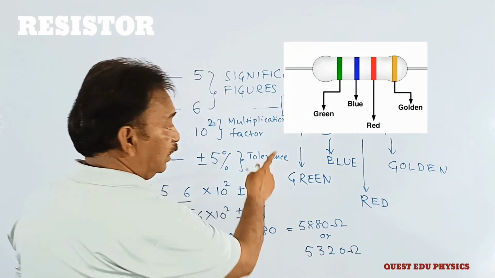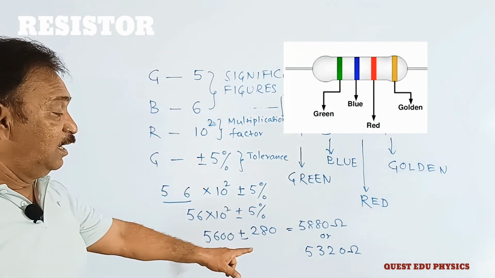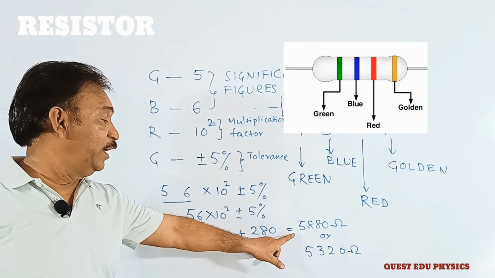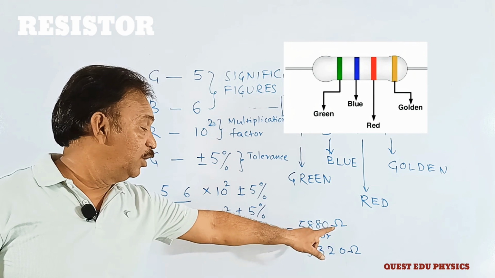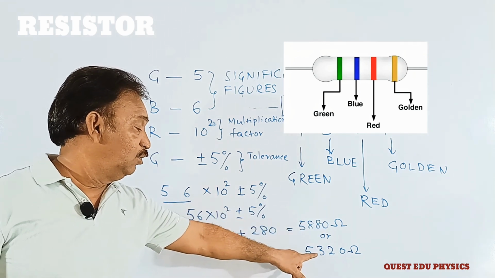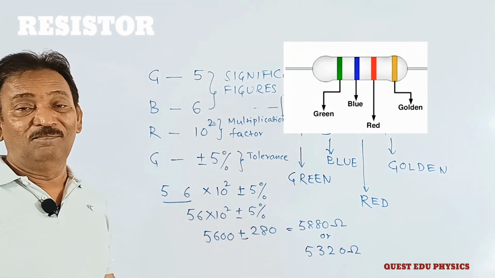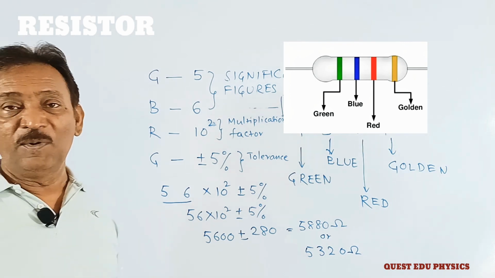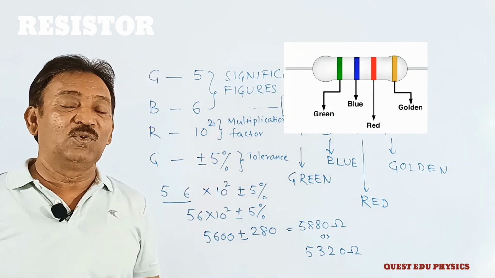That means this resistance varies between 5320 ohm and 5880 ohm. These values can be found in the table, students.